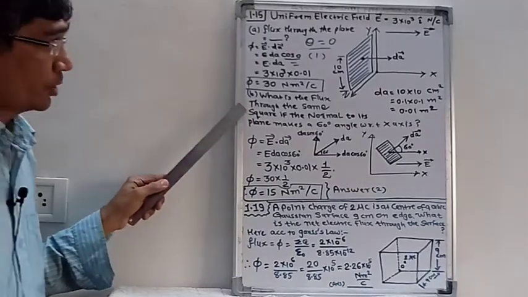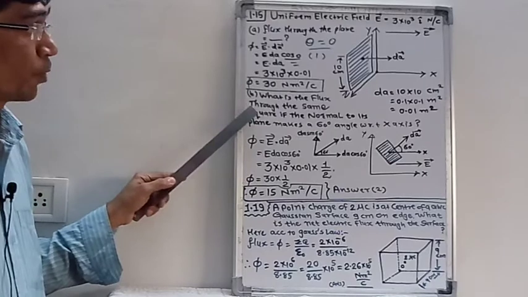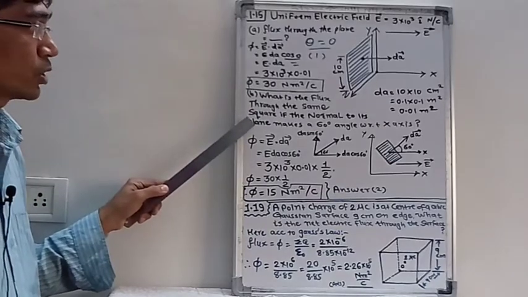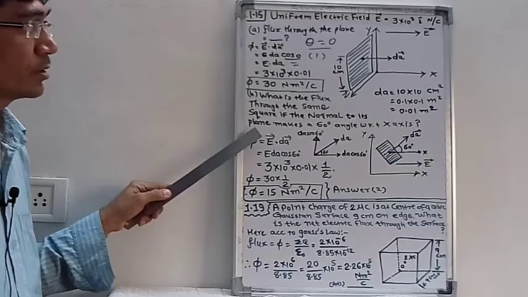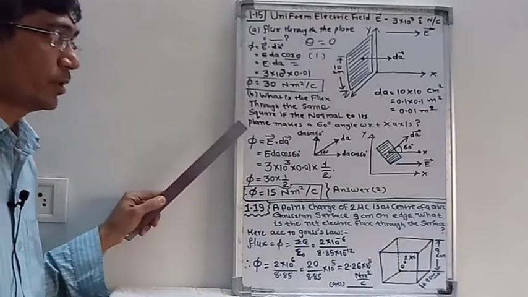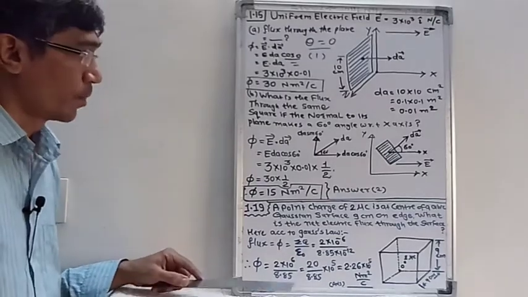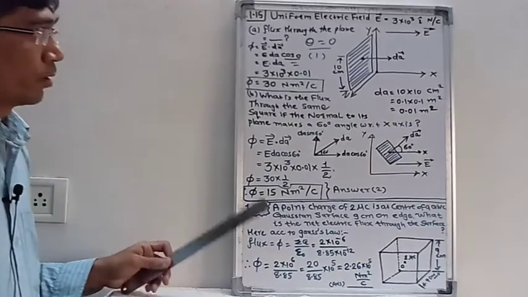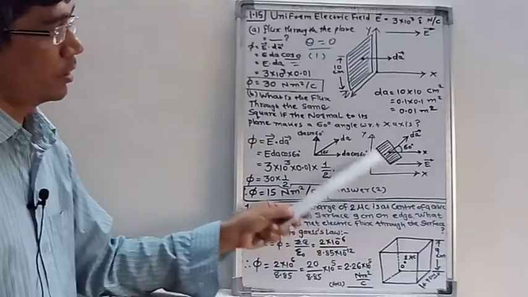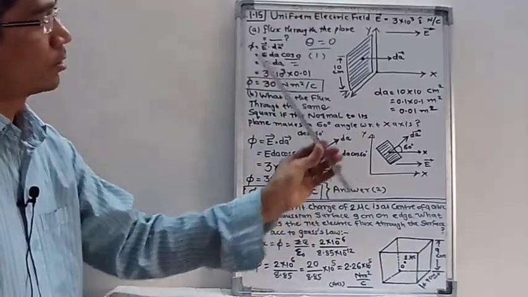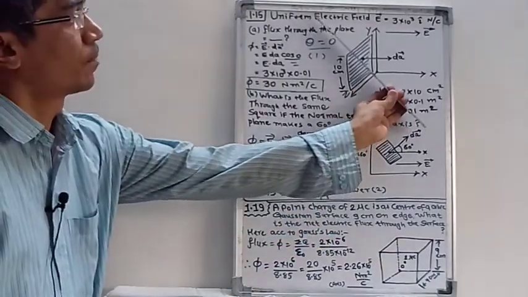The next question in this main question is, what is the flux through the same square if the normal to its plane makes a 60-degree angle with respect to the x-axis? So here we can draw the diagram like this. In the xy plane, the plane is like this.